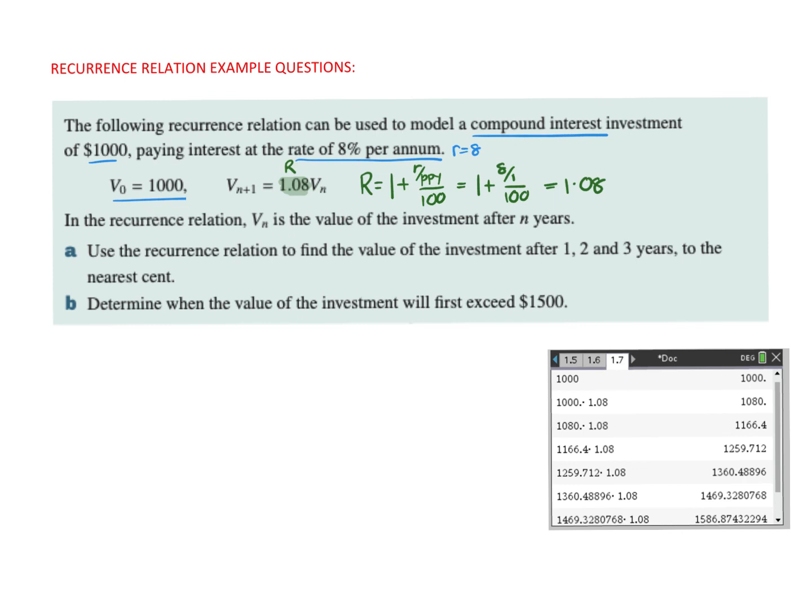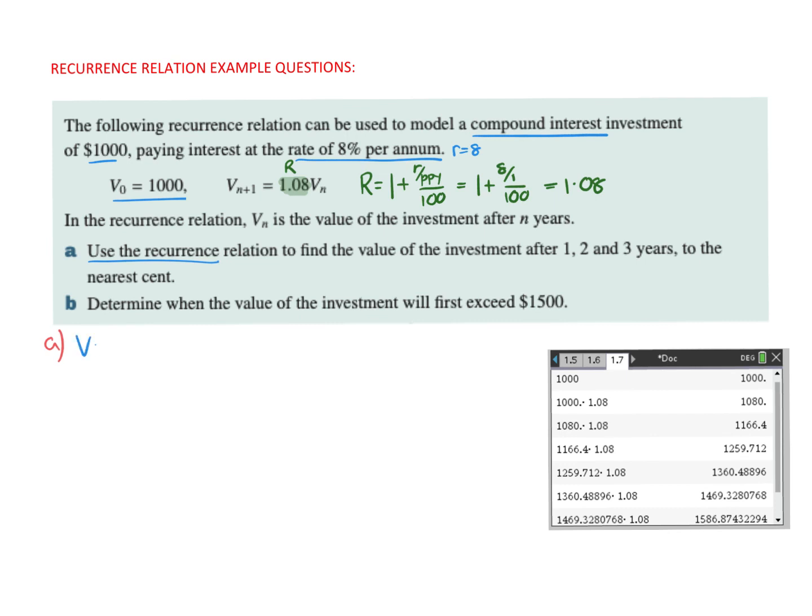Okay, so part A says to use this recurrence formula to find the values of V1, V2, and V3, the value of the investment after 1, 2, and 3 years. Because they said use a recurrence relation, you have to do those steps, and we're getting used to that.